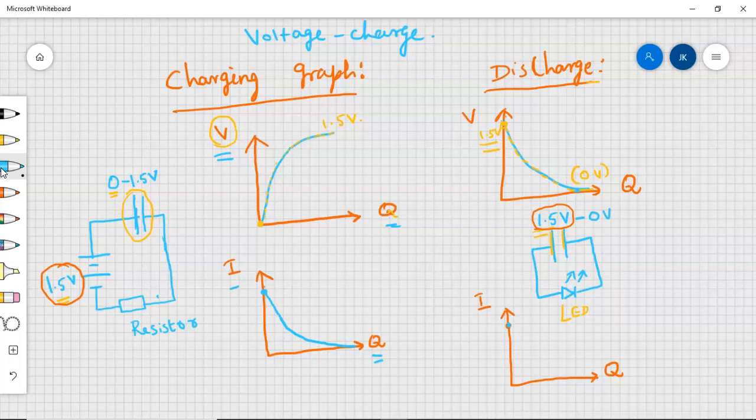As the capacitor releases its energy, voltage is dropping, so the rate of flow decreases, so the current value decreases. Once the capacitor loses its energy, it loses its voltage, and there won't be any current. It becomes 0 ampere again, which means the capacitor is completely discharged.